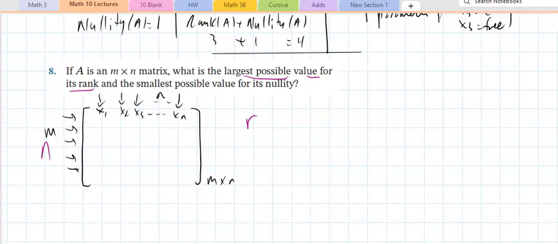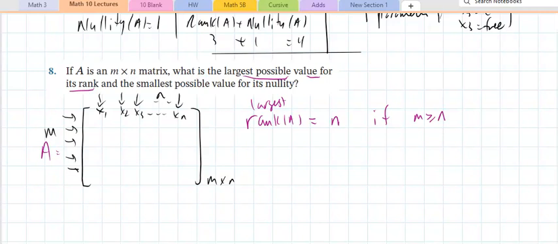We're talking about matrix A. If A is an m by n, what is the largest possible value for the rank of A? The largest value for the rank of A would be n if the number of rows is bigger than or equal to n, right?